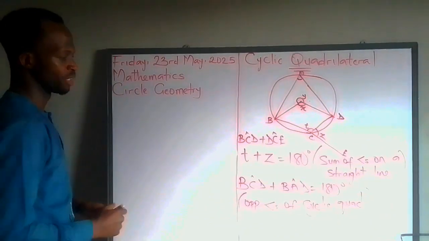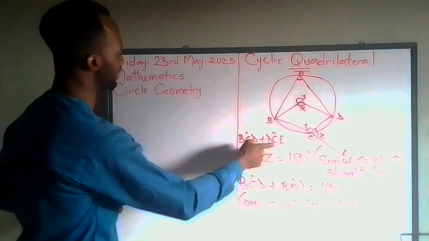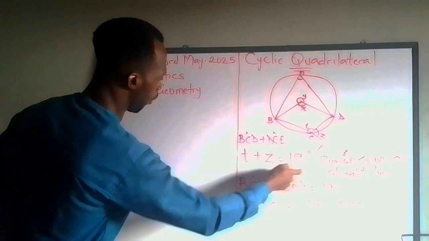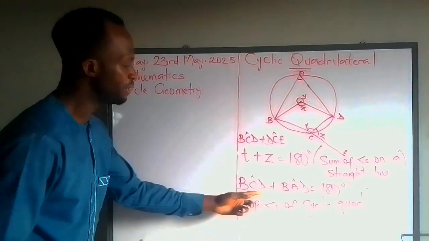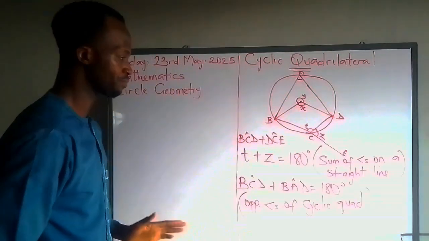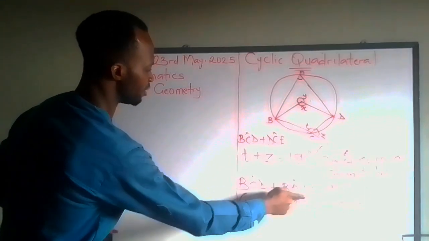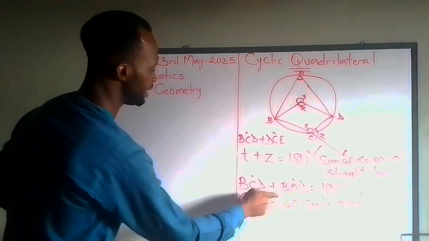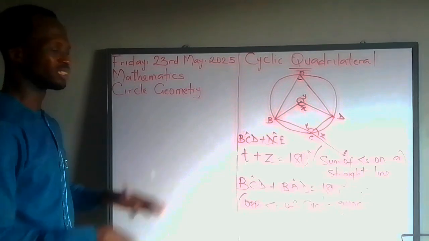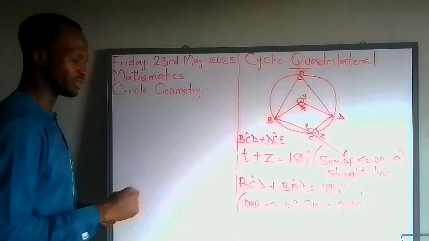Now take note that the sum of BCD and DCE is 180 degrees, then BCD plus BAD is also 180 degrees. What that means is that angle BAD and DCE are the same. Again, I'll take that again.